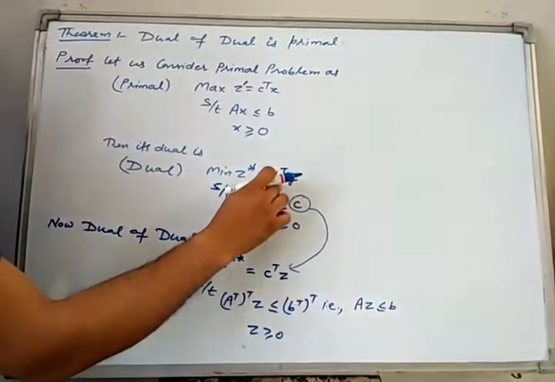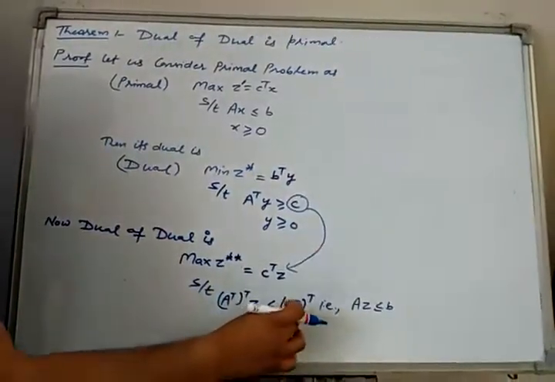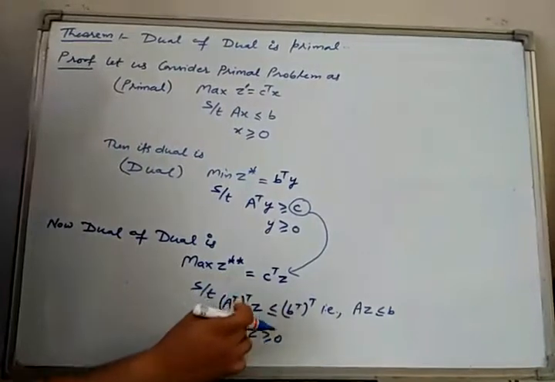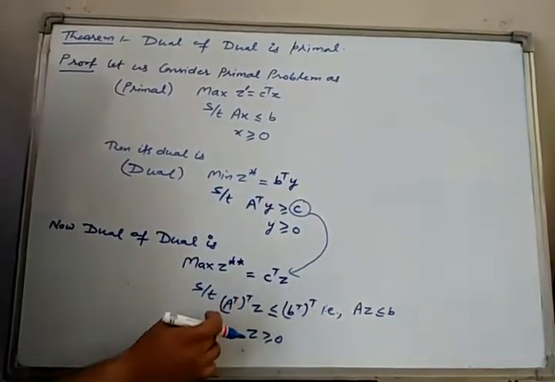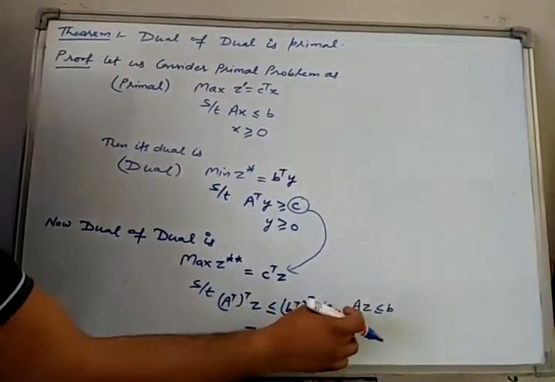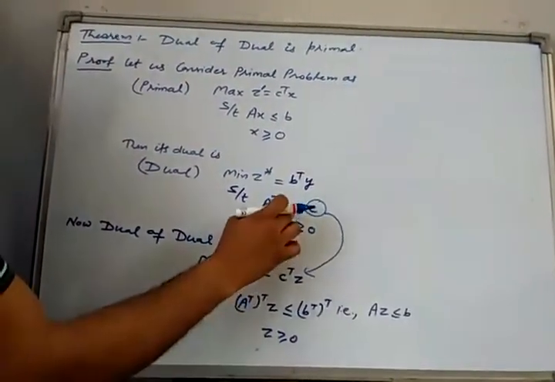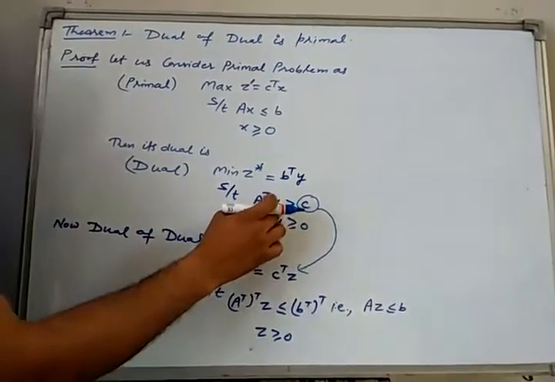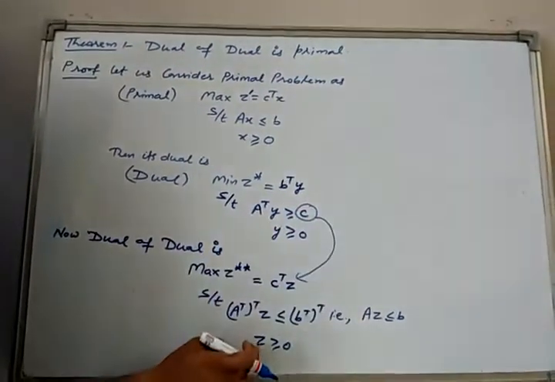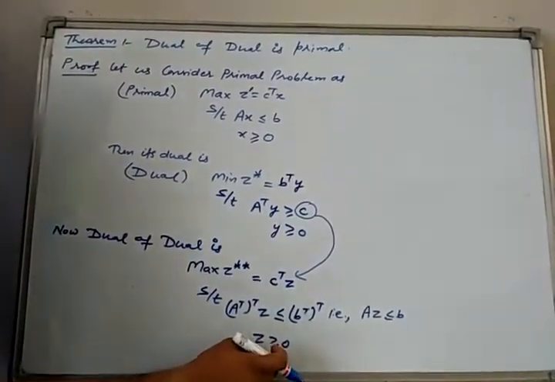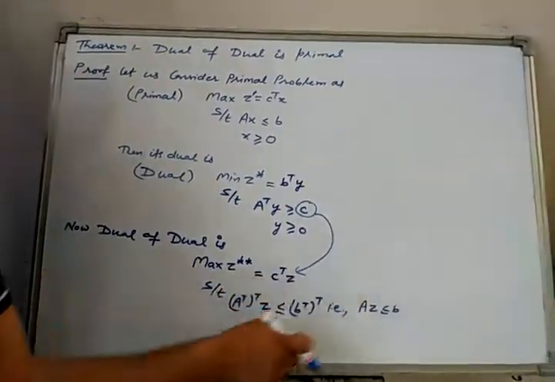The cost coefficient is b transpose, therefore we take b transpose transpose. If we solve this, transpose of transpose becomes the quantity itself, so this becomes Az less than or equal to b, and as the inequalities are greater than or equal to 0 here, all dual variables are greater than or equal to 0. This is nothing but the primal problem.